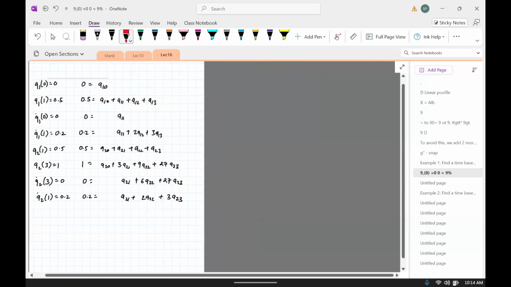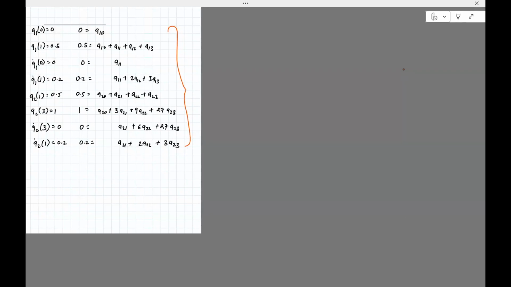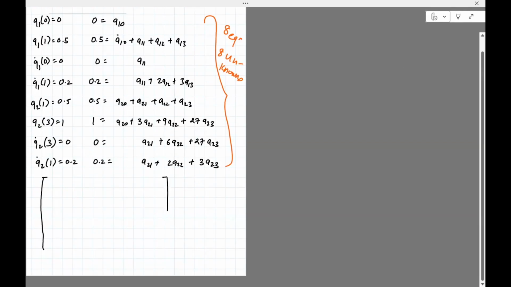Okay, so these are my 8 equations, 8 unknowns. Just this much space will be needed. Actually, get more space. Okay, I'll collect all the constants over here: A10, A11, A12, A13, A20, A21, A22, A23.